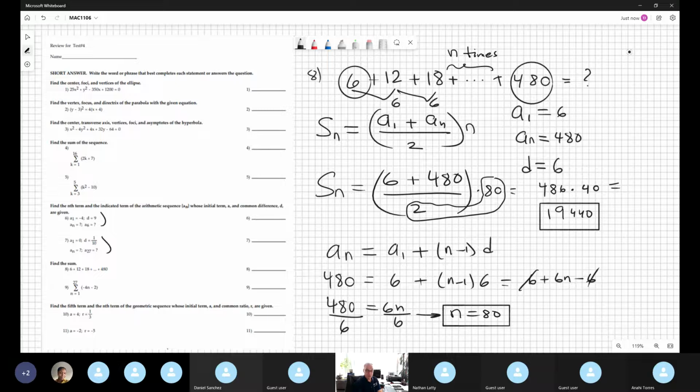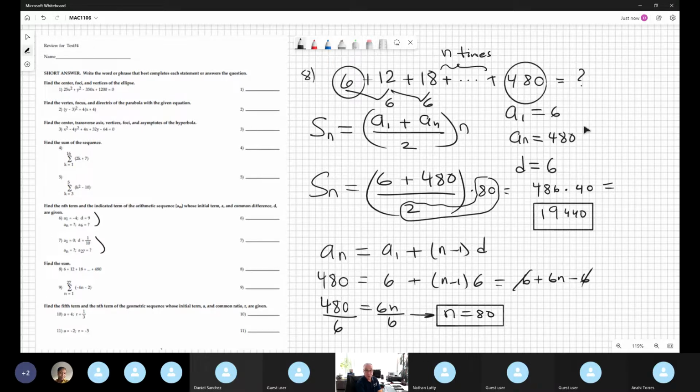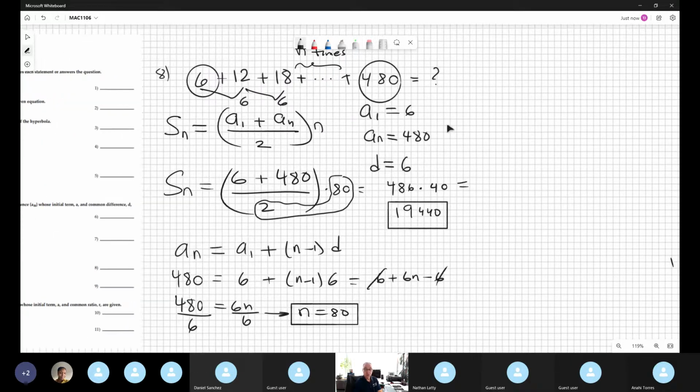Another possibility to compute this is not using this formula, no. Using the summation. Sigma for k from 1 to 80, because I know it's 80, of the a sub n, which is 6n.